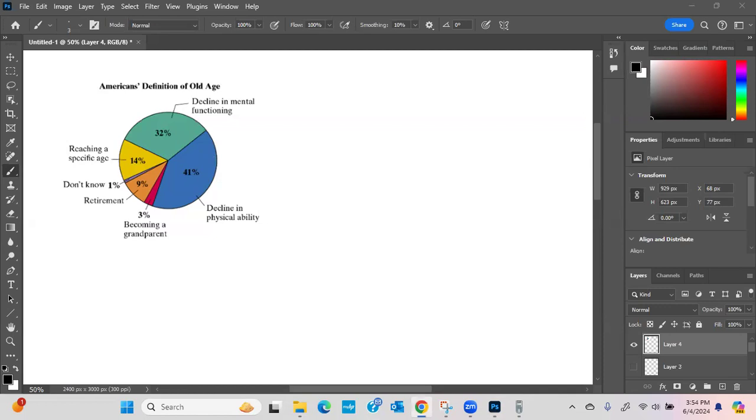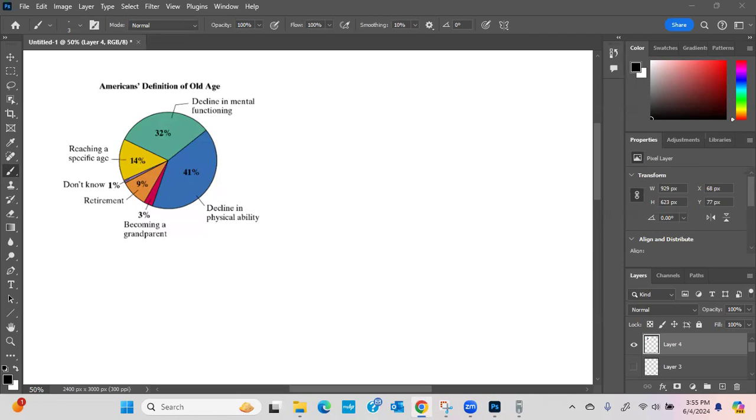Now, with a pie chart, you are looking at percentages of the whole. And all of those percentages have to add up to 100. Otherwise, it's a misuse of a pie chart. But what they did with this particular one was they asked a bunch of people, well, it indicates how Americans disagree as to when old age begins.